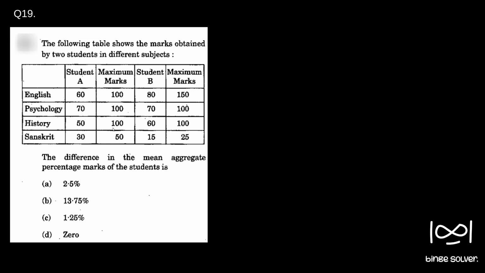Total maximum marks for A is 100 plus 100 plus 100 plus 50, which is equal to 350.